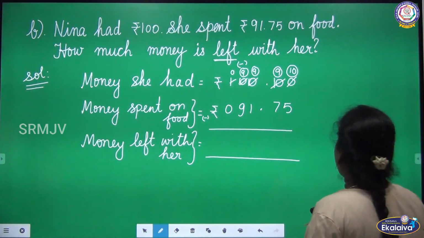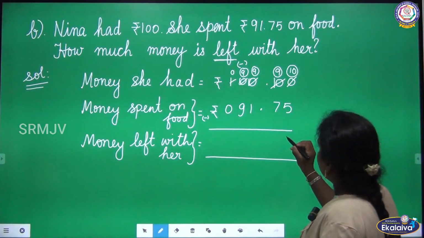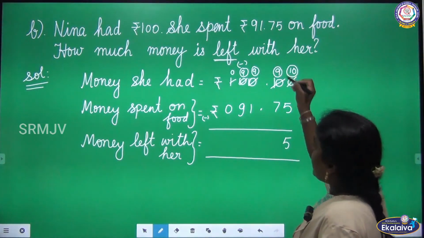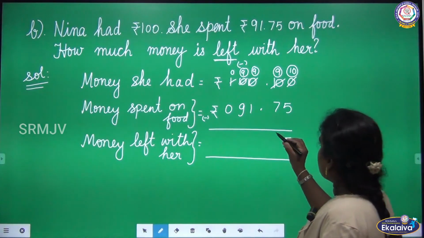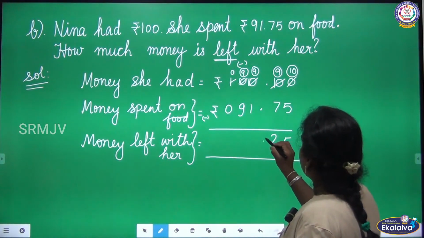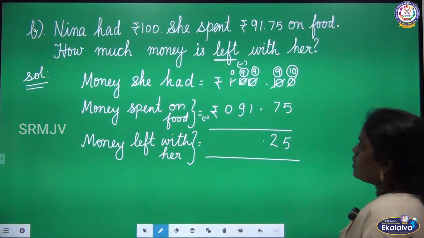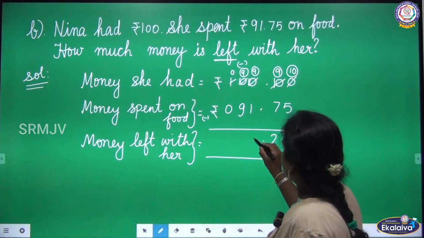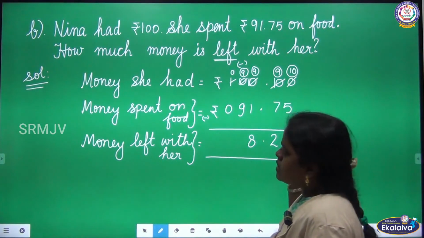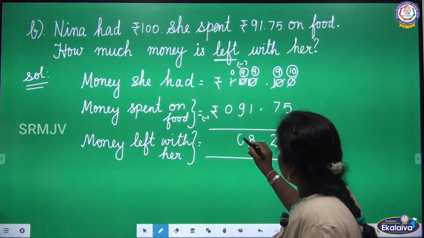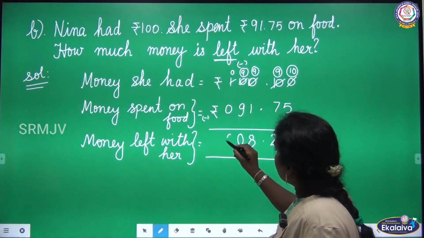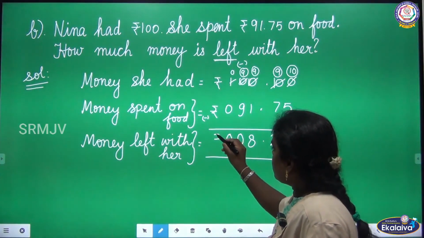10 minus 5, it is 5. 9 minus 7, it is 2. 9 minus 1, it is 8. 9 minus 9, 0. So again here we have 0.